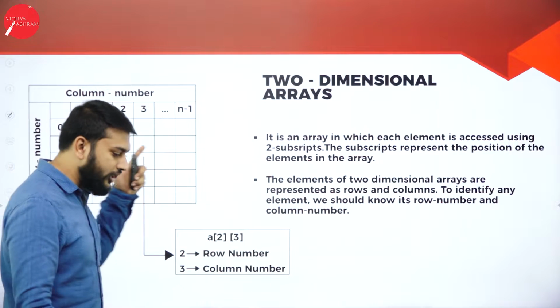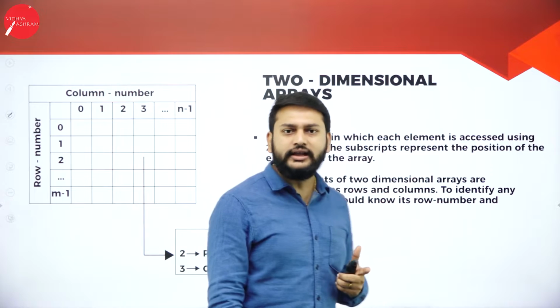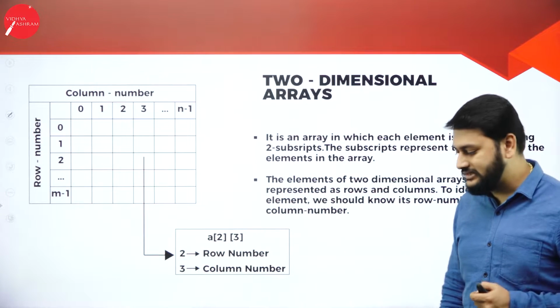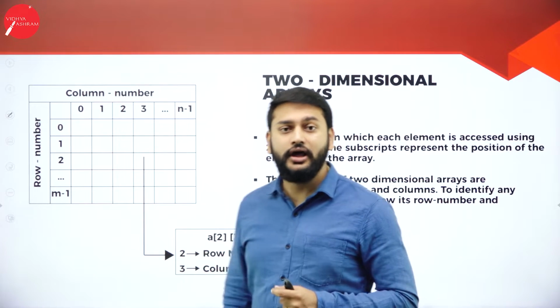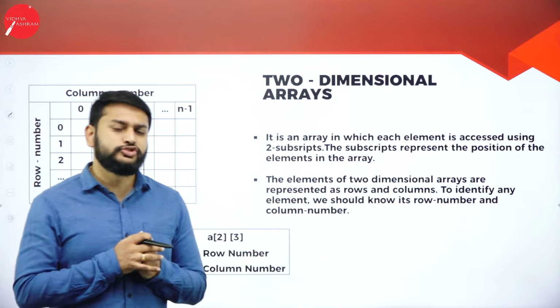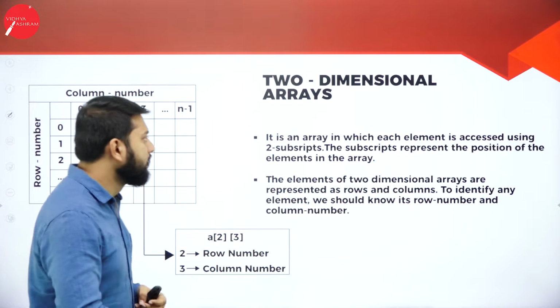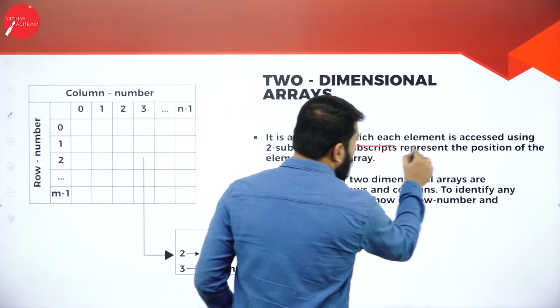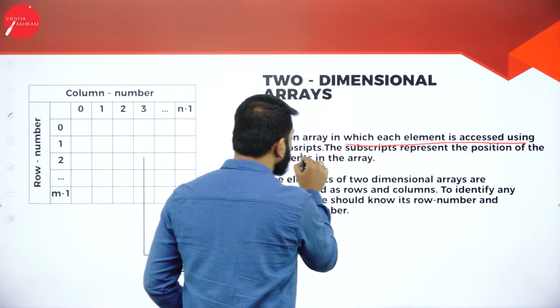Guys, I have two-dimensional arrays. What exactly are two-dimensional arrays all about? Can you all guess? How do we form these two-dimensional arrays? It is an array in which each element is accessed using two subscripts.